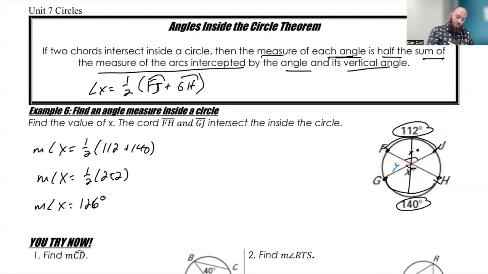So angle y is equal to 1/2 of FG plus JH. So it'd be those two arcs instead. So I like to draw these lines like this. So y would be intersecting with both of those. It just depends on which one we're looking for.